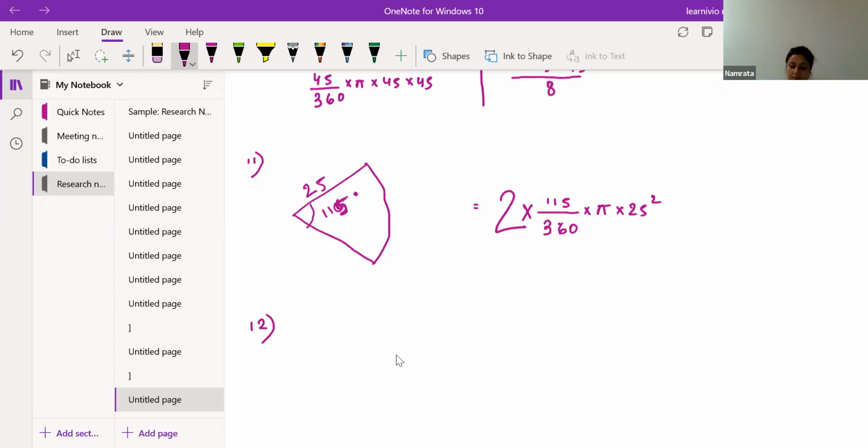Number 12 says, a ship for underwater rock, a lighthouse spreads a red color light over a sector of an angle 80 degree to a distance of 16.5 kilometer.